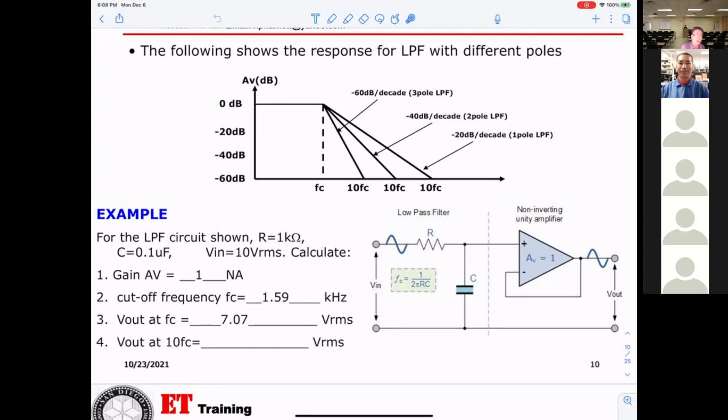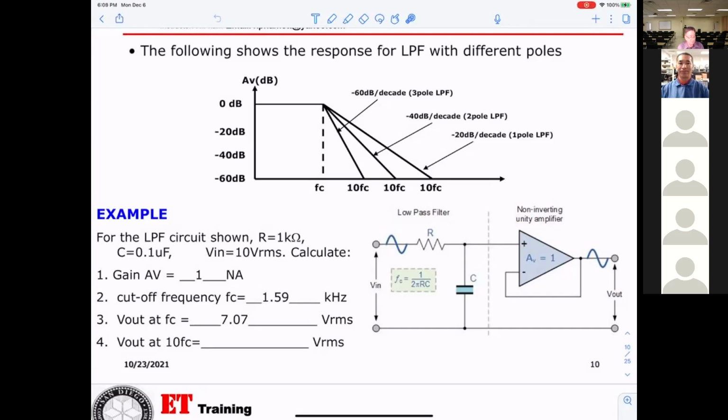They're using the op-amp, and they can use an inverting amplifier, a non-inverting amplifier, or the follower unity gain amplifier. So when you're looking at the circuitry, you must recognize which configuration of the op-amp it is in order to calculate the gain.